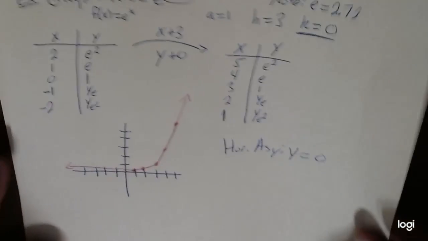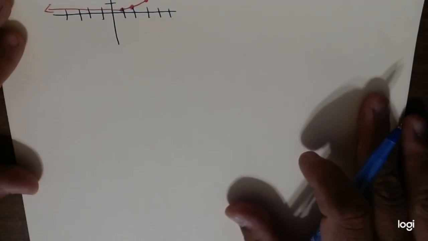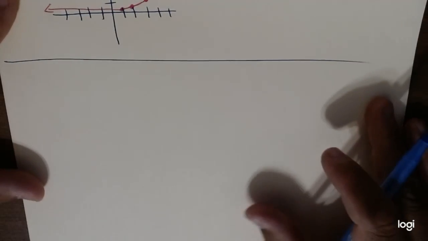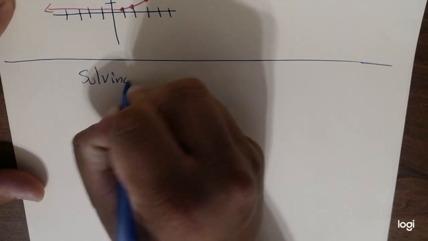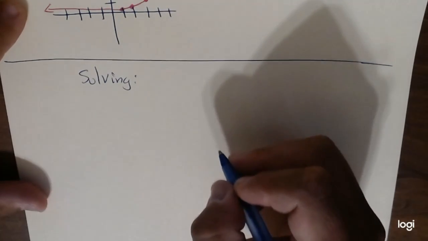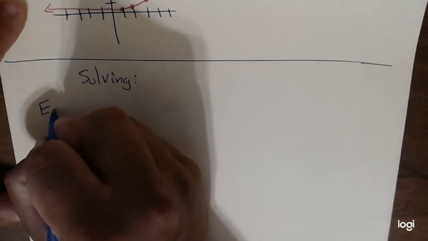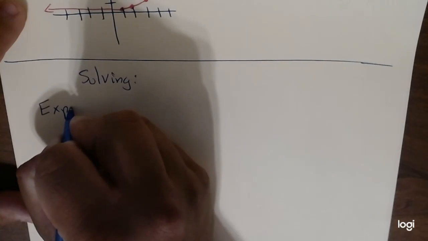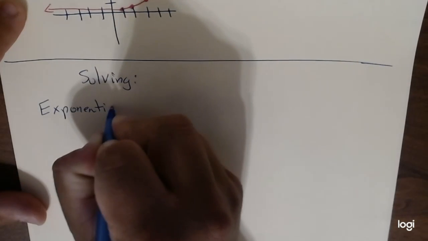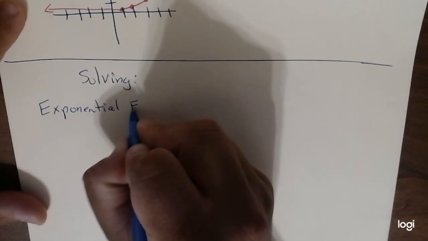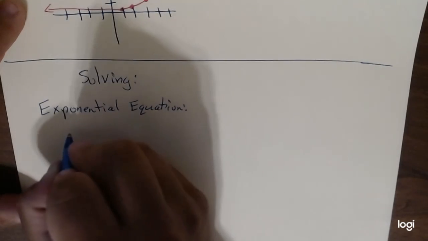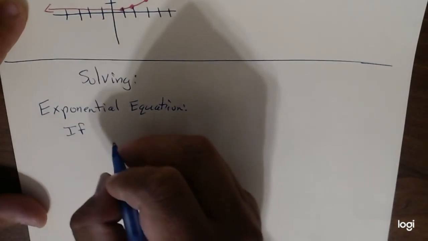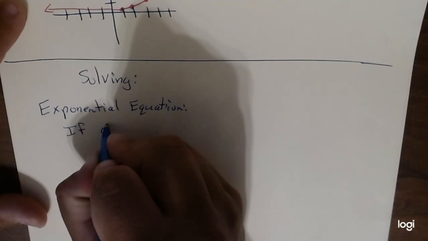All right, so the last part of this section is a little bit of solving. So how do we solve exponential functions? One of our most popular ways to solve an exponential equation is if we have the bases equaling the same value.